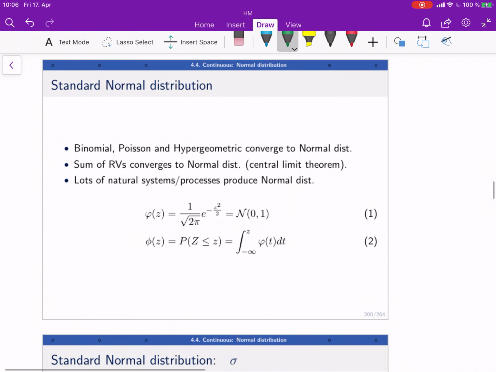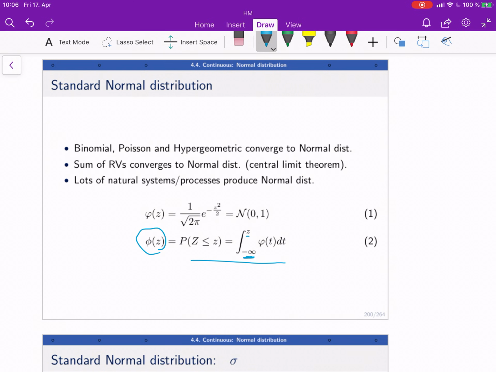And as it happens, the CDF doesn't have a closed algebraic form, so you can't really integrate the formula. It's called the error function. We just refer to it as capital Phi of z, and what it means is the CDF starting from minus infinity, integrating up to this point z.